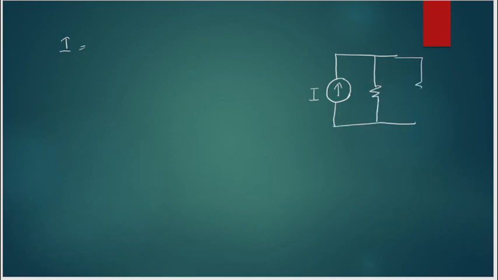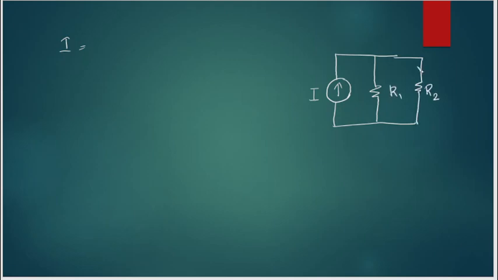So to find current I, by current division rule, if there is a current source, this value is I, there are two parallel resistors, R1, R2.